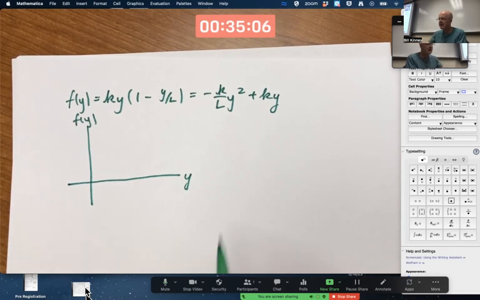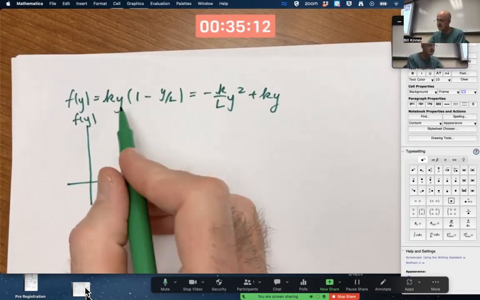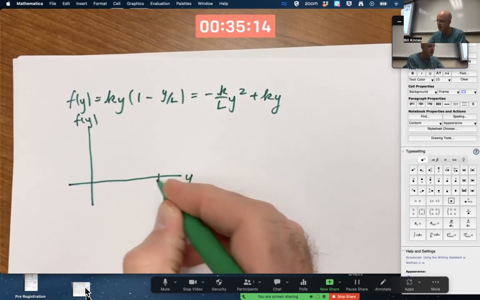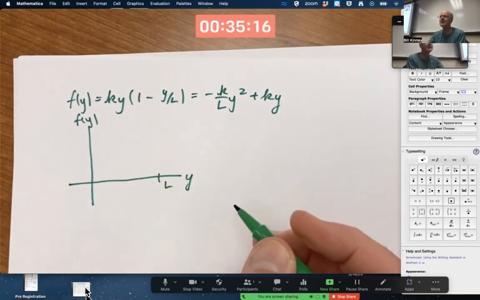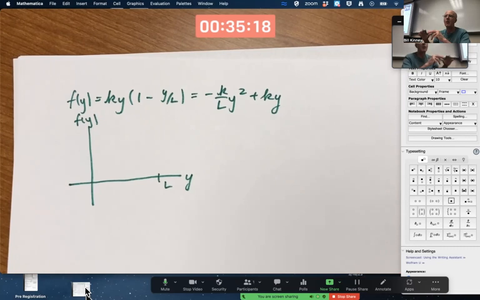Quadratic, negative coefficient of y squared. The graph's going to be an upside down parabola. Roots are at 0 and L on this horizontal axis, which I'm labeling with a y. Don't let it mess with your brain that y is horizontal in this picture, whereas it's vertical in the slope field. It's okay.